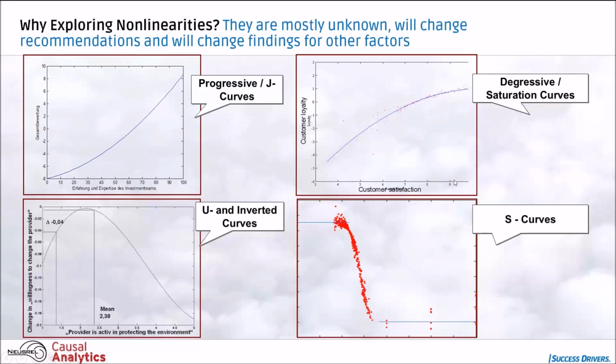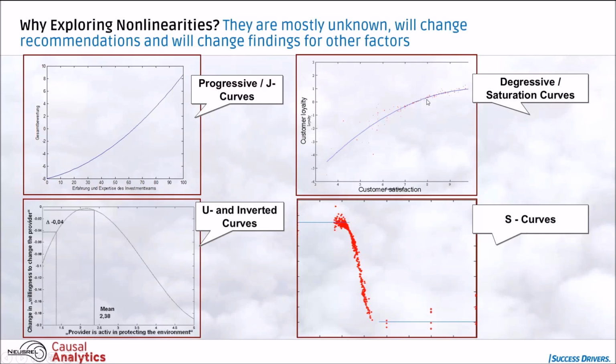For instance, if you look at the saturation effect curve, it basically gives you the impact of customer satisfaction toward customer loyalty. If you look at first glance onto it, you would say, I don't know, it's kind of linear.